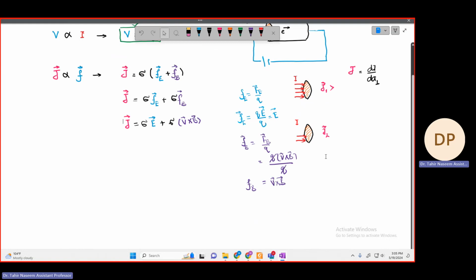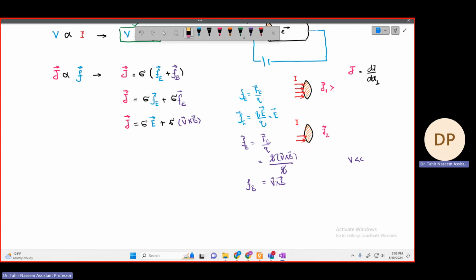But in most of the cases, because the charge's velocity is very small, right? In that case, we can actually ignore this term, due to the small velocity.